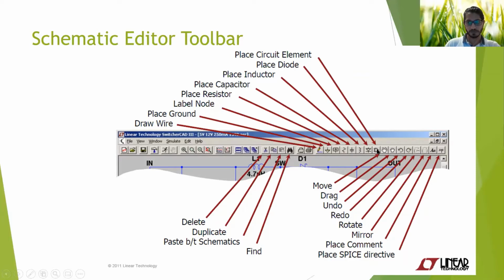This is a whole library. The sources are also there, the voltage source, the current source, and different sources we will see in a while. And then this is the move and drag button, do, undo. These are the normal things. So this is the brief introduction of the toolbar. You can access different elements directly from the toolbar.